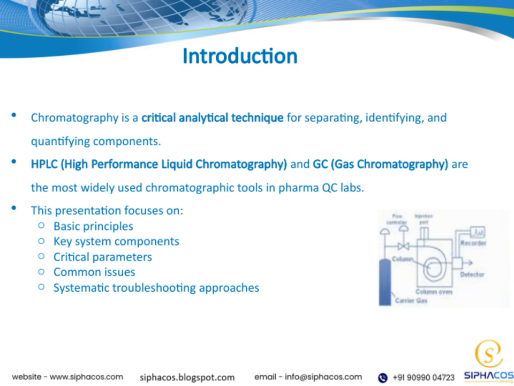We'll also explore common issues that can arise during chromatography and how to systematically troubleshoot them. By the end, you'll have a clearer picture of how to operate, troubleshoot, and maintain these powerful tools in your lab, helping to ensure high-quality pharmaceutical products.